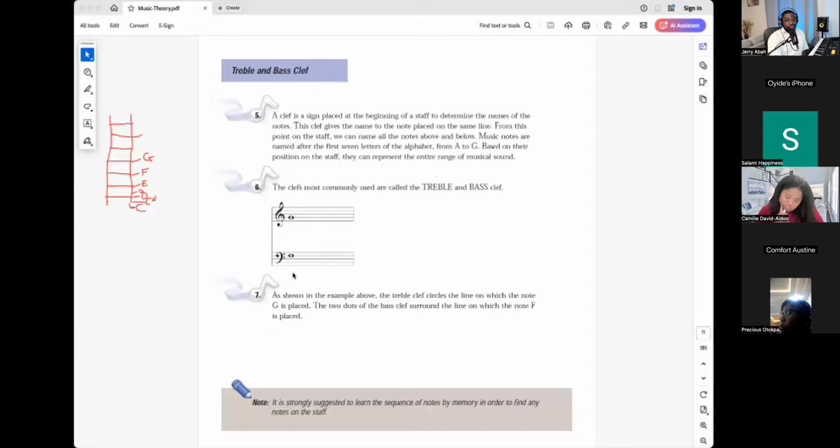Okay? And then this is referred to as the bass clef. Treble clef, bass clef. So if you sing soprano or alto, you sing treble.